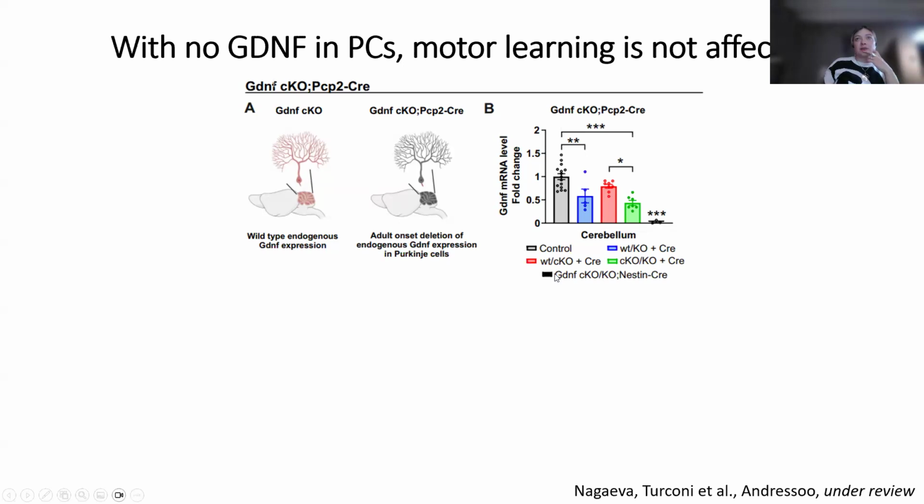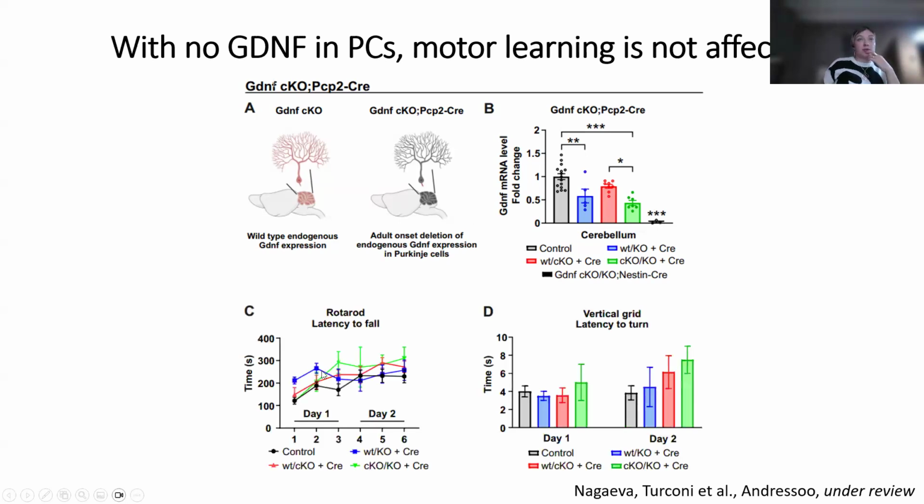But in the Purkinje cells, this is the black, we don't have GDNF expression at all. We assessed these animals in the rotarod and the vertical grid, and we didn't see any changes. They performed similarly to the wild type littermate controls. So upregulation of GDNF in Purkinje cells is good for motor learning, but no GDNF in Purkinje cells is probably compensated somehow by other cells, and it doesn't cause any drastic consequences for motor learning.